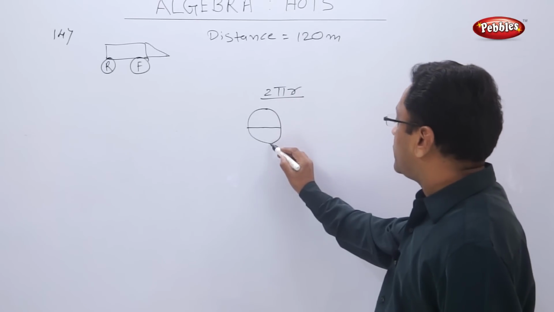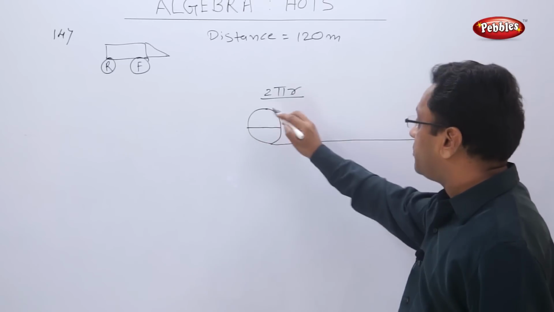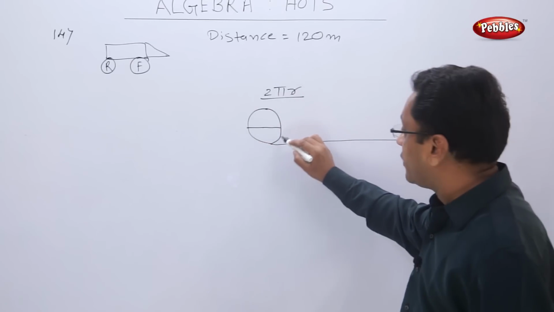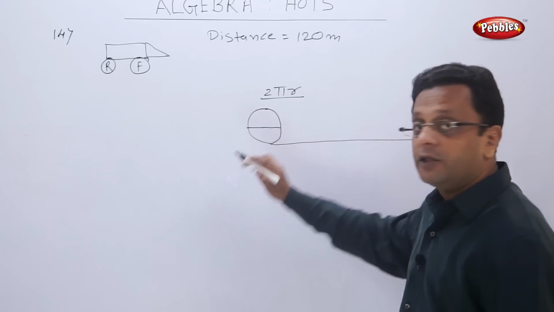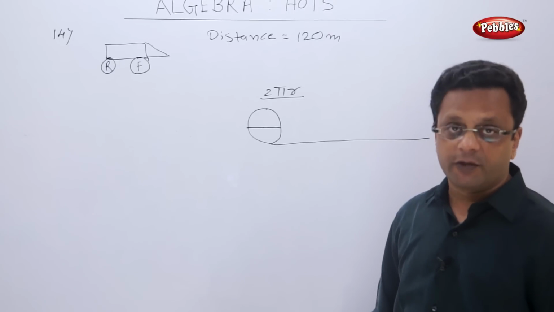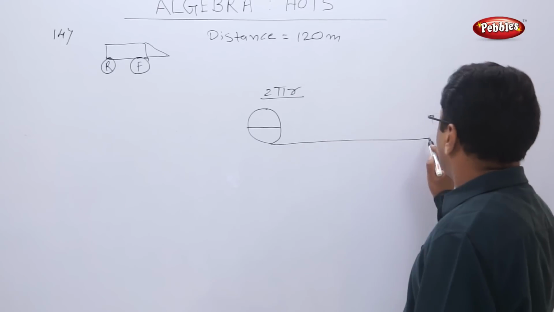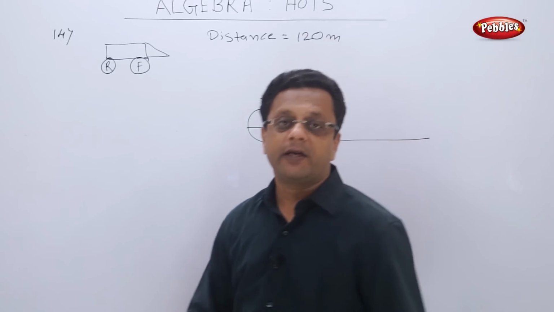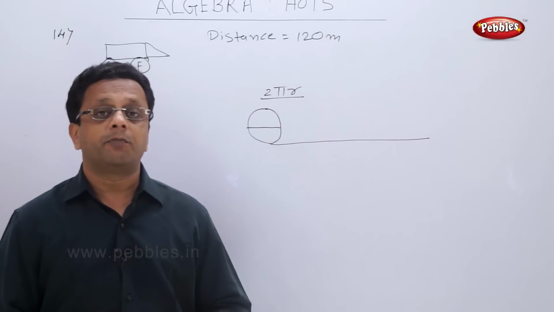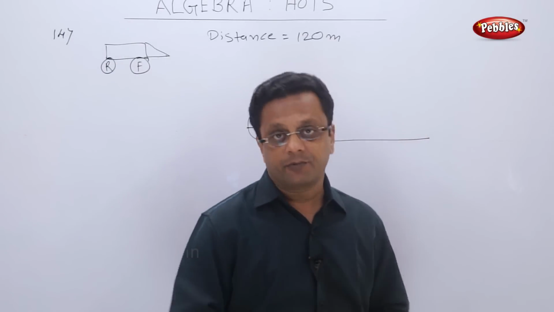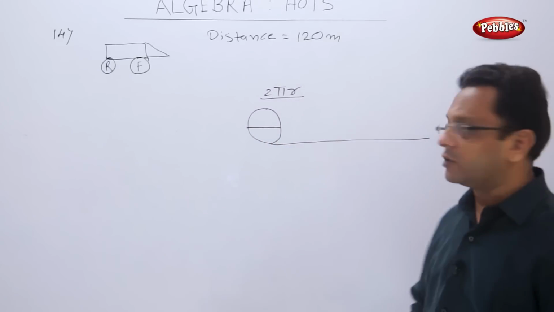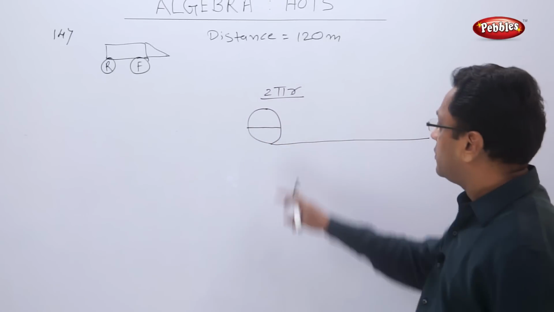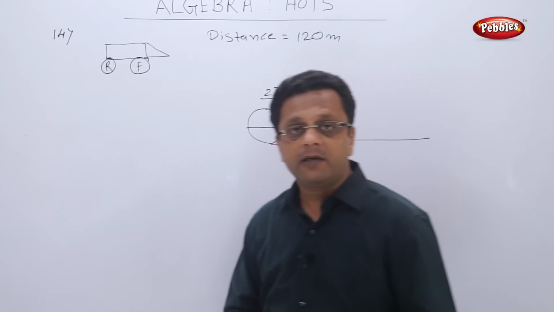Now when this wheel is going on a certain path, you can see in one revolution it covers a distance equal to its circumference. So in this distance you can find out how many revolutions that particular wheel has made to cover that distance. It is very simple, just divide the distance by circumference.